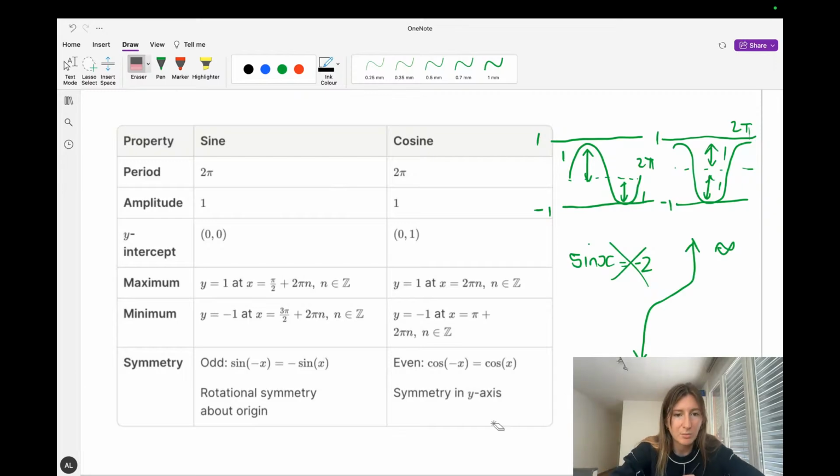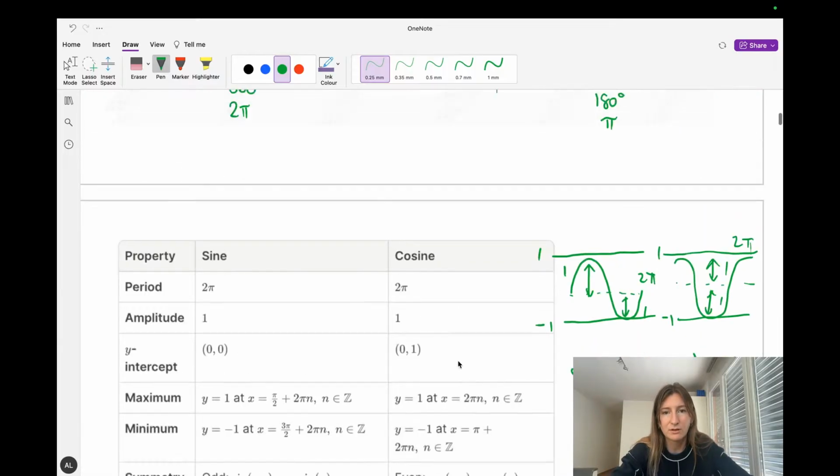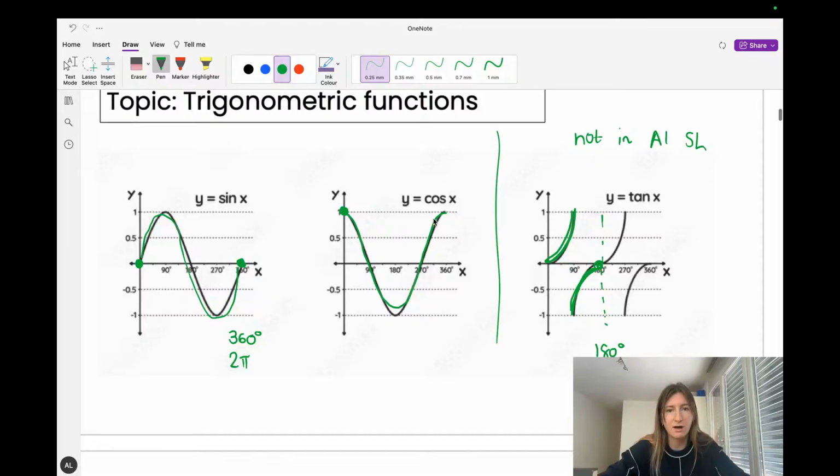So these are just a couple of things. Symmetry, we're not going to talk about too much, but essentially the sine graph is rotational about the origin, symmetrical about the origin, whereas the cos graph is symmetrical about the y-axis. So if we look at the cos graph, it's going to go like this.